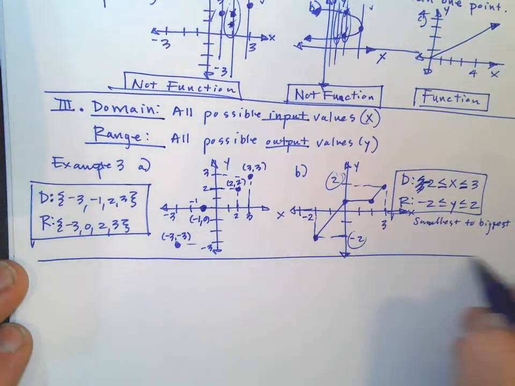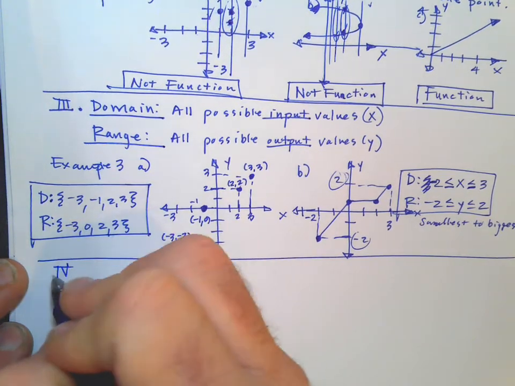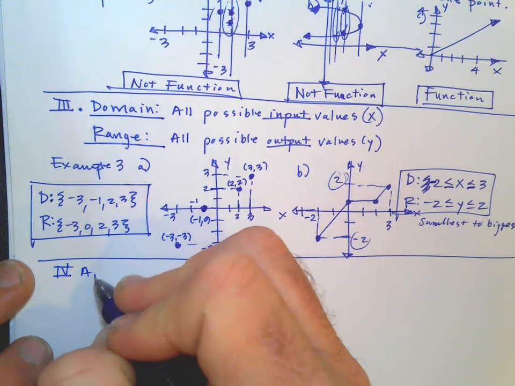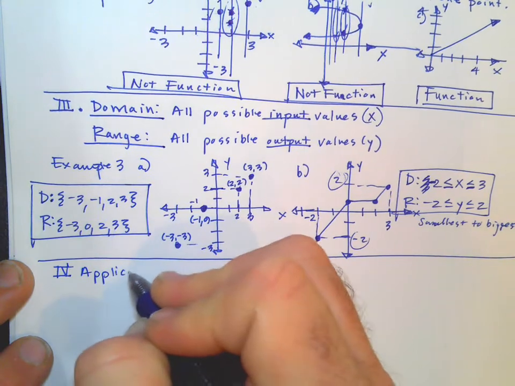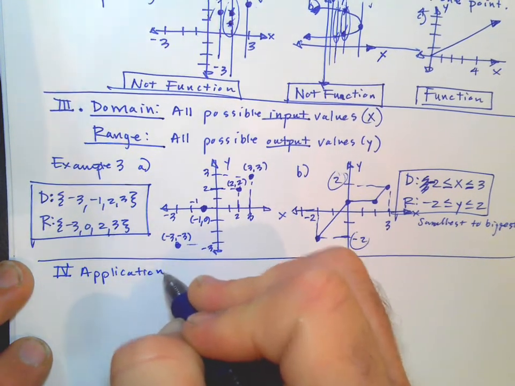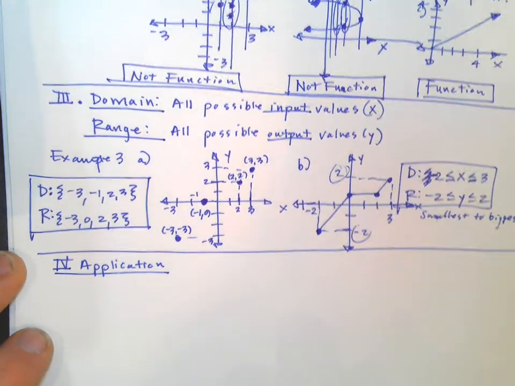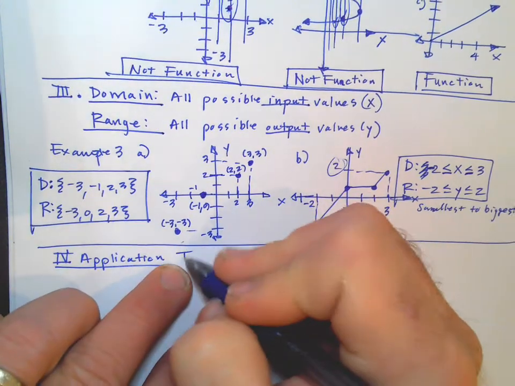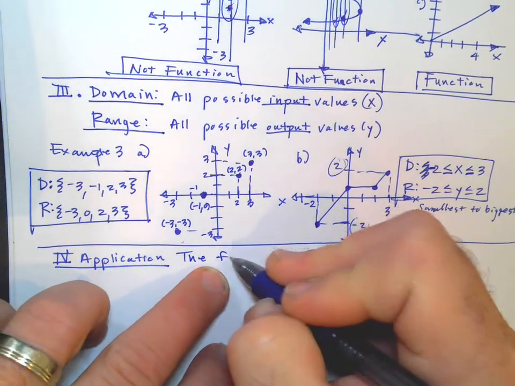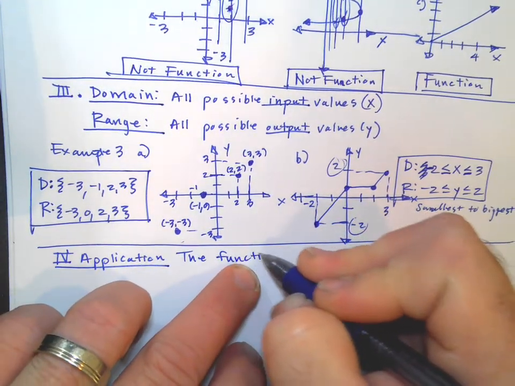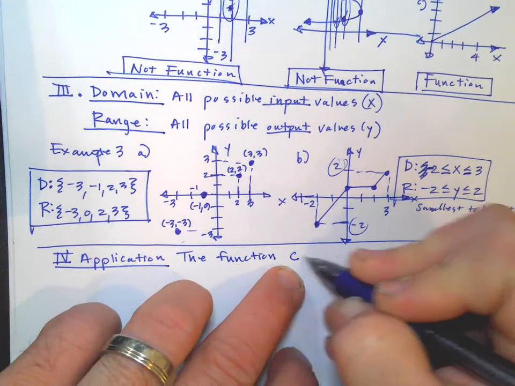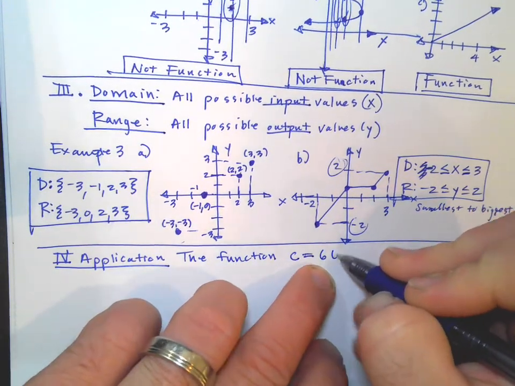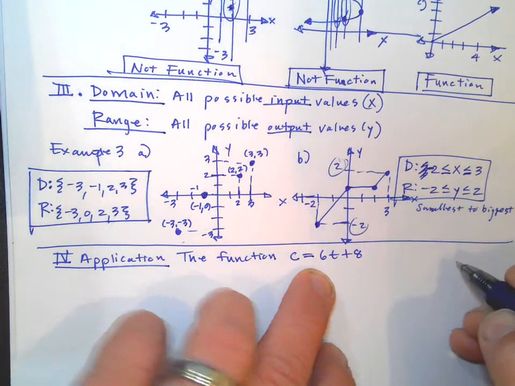All right. Last thing, we do an example application problem. So the application is the function c equals 6t plus 8. So we don't always have to use x and y.